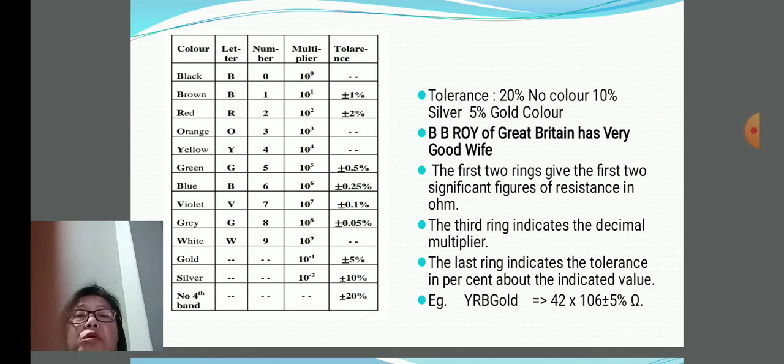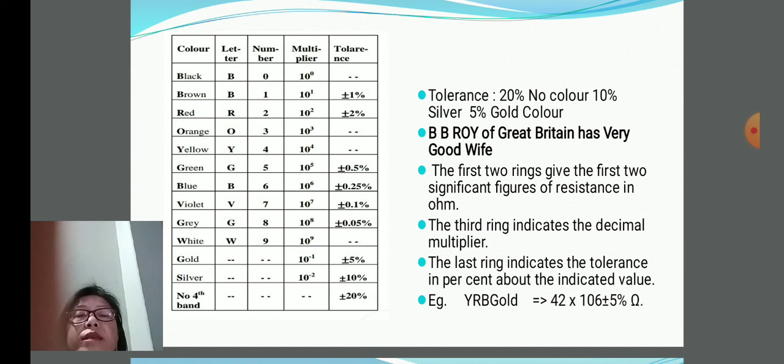Now how to read the color? What are the numbers allotted? You see, black 0, brown 1, red 2, orange 3, yellow 4, green 5, blue 6, violet 7, gray 8, white 9.